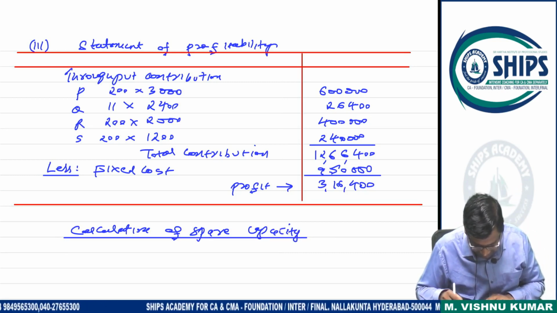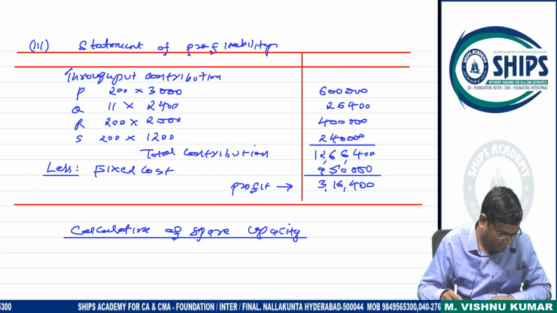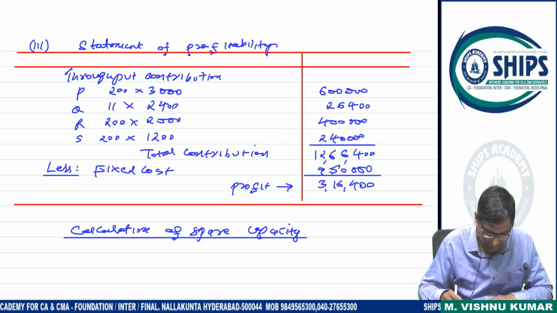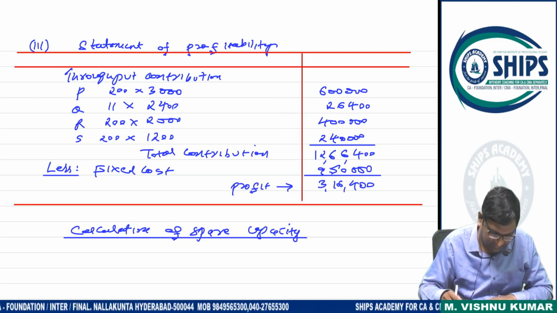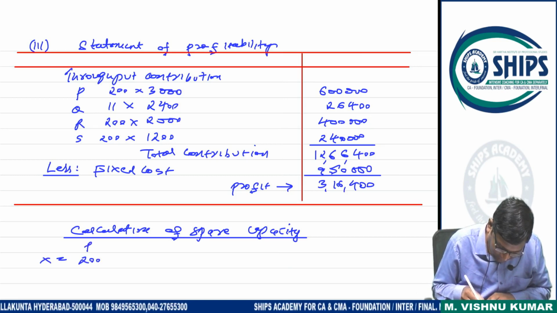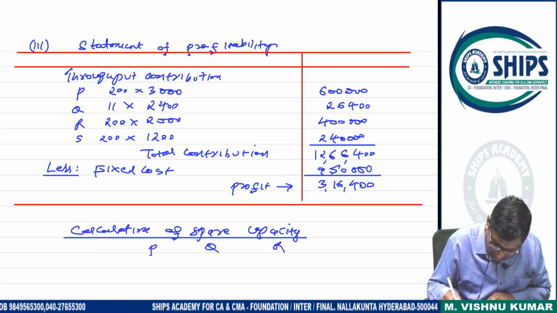Calculation of spare capacity. This is machine X. Okay, this is P, Q, R, S. Total.